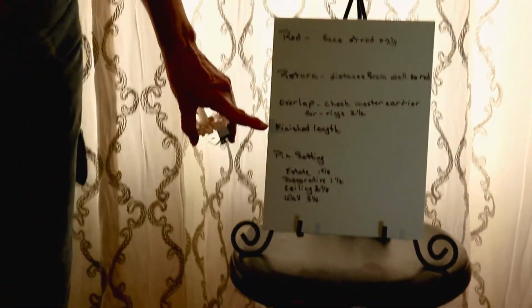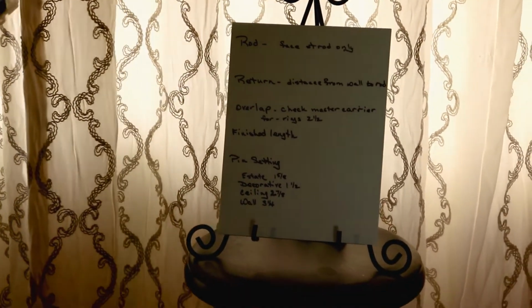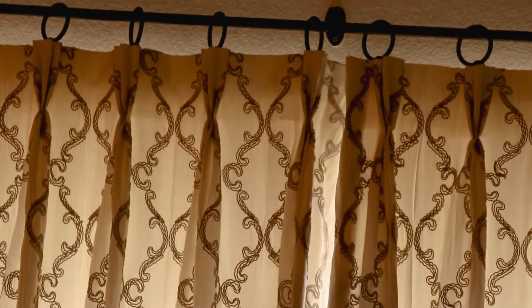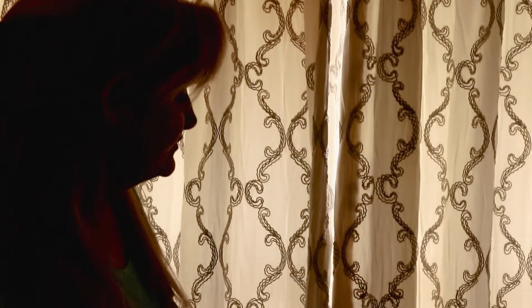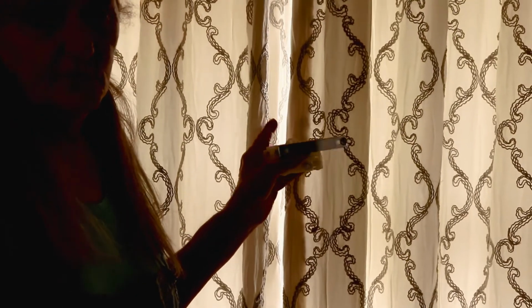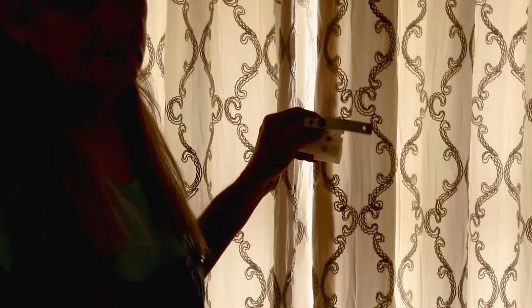Okay, so let's start with this overlap. So you have a crack of light right here. Now if you have a traverse rod, it's going to have something that looks about like this. This is your overlap, your master carrier that provides your overlap on a traverse rod.